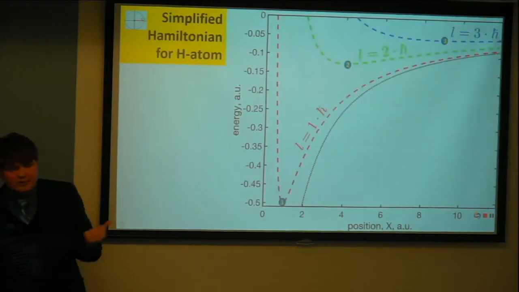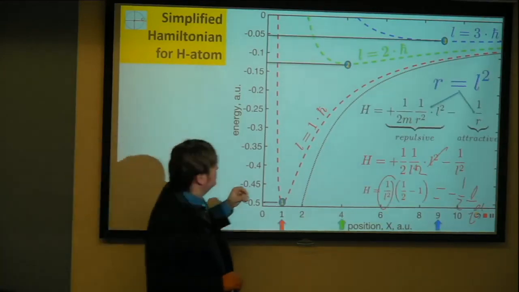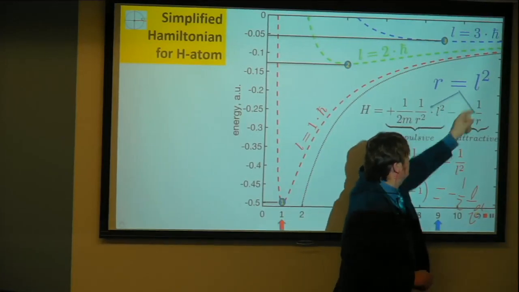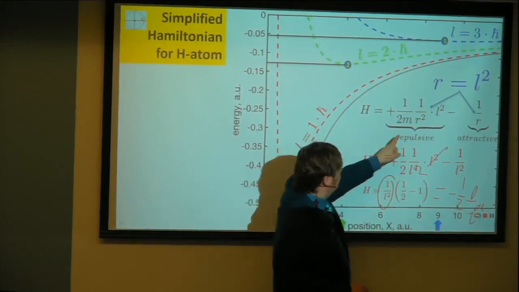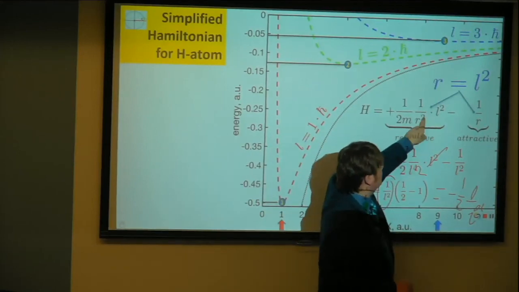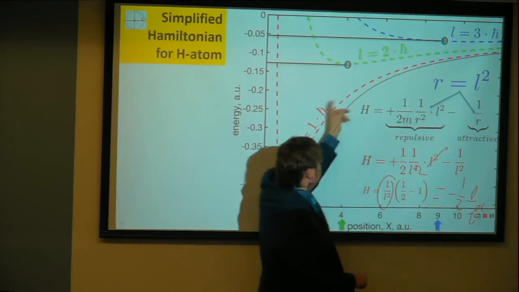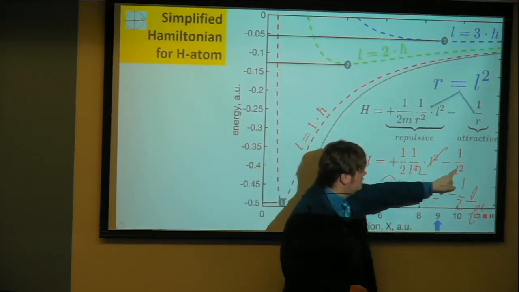It's the same figure, just zoomed in. And a summary: repulsive and attractive under the condition of L squared give the energy. So if you plug in this value of L squared instead of R, then without drawing these figures, we will get centrifugal and centripetal.